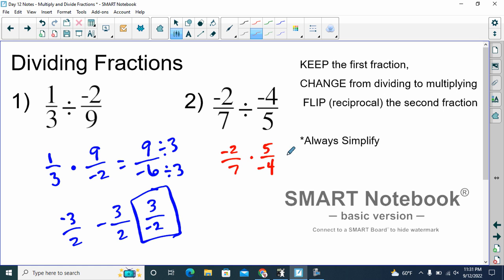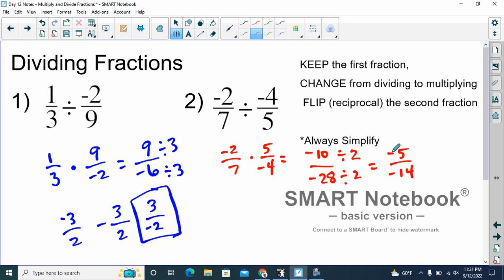Negative 2 times 5 is negative 10. 7 times negative 4, positive times negative is negative. We can divide these both by what? 2. Giving me negative 5 over negative 14.